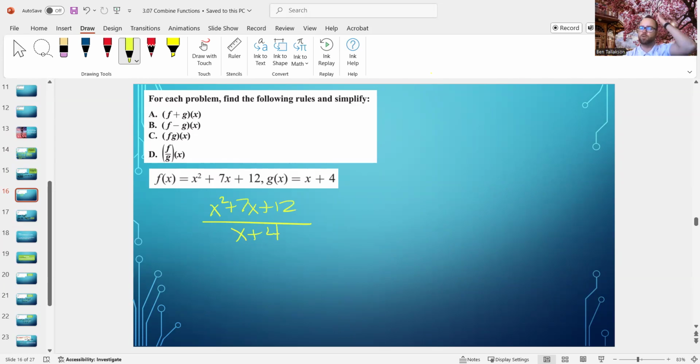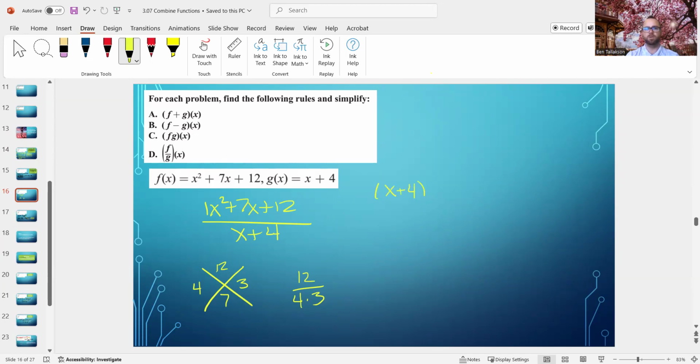Fortunately, it's a leading coefficient of 1, so the x method should work. It doesn't always, but let's see. A times c and b. Factors of 12, 4 and 3. Well, those add to 7.